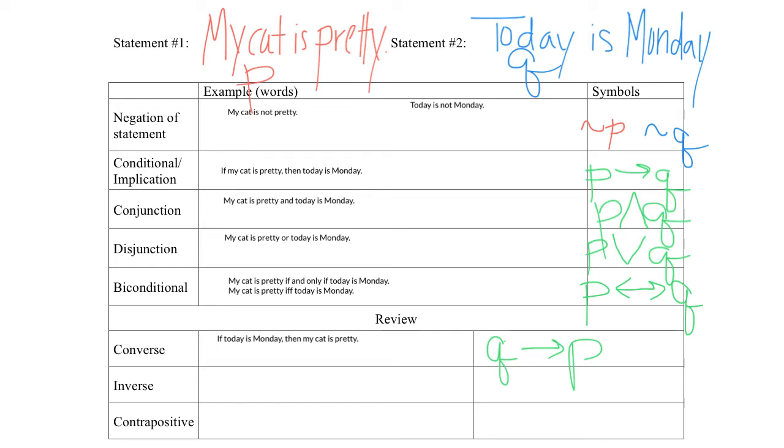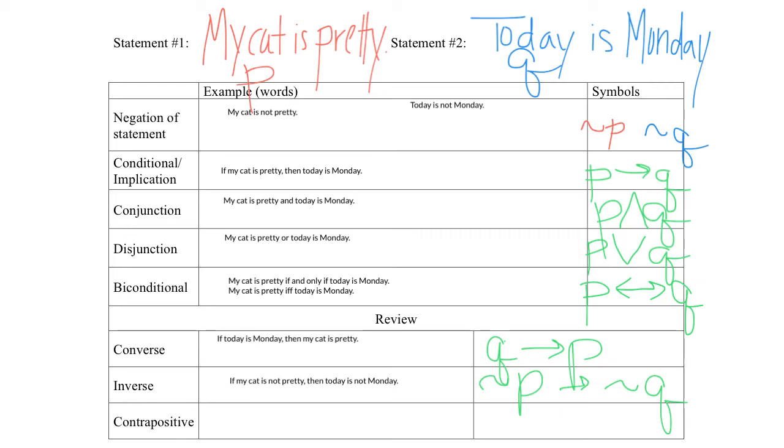All right, remember the inverse was to negate. So if my cat is not pretty, then today is not Monday. And the symbols here would be if not P, then not Q. And the last one, the contrapositive, was to switch and negate.